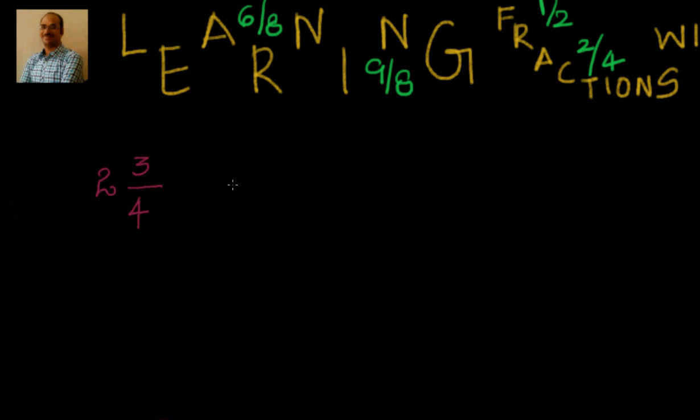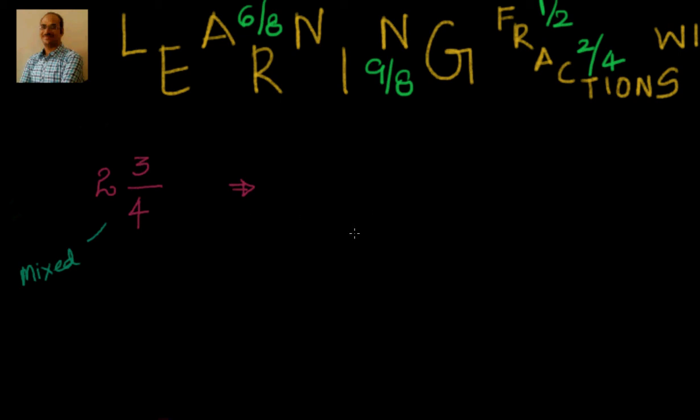What is this fraction? Just now I said this fraction is called a mixed fraction. Why is it a mixed fraction? Because it has a whole part and also part of another whole. That means 2 plus 3 by 4. So this you have to convert into an improper fraction.